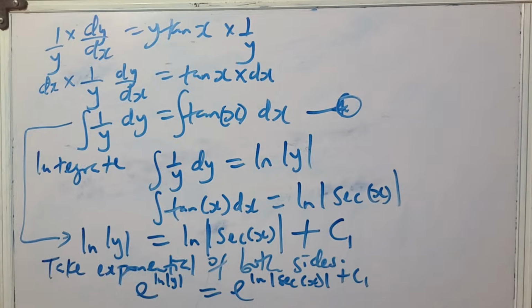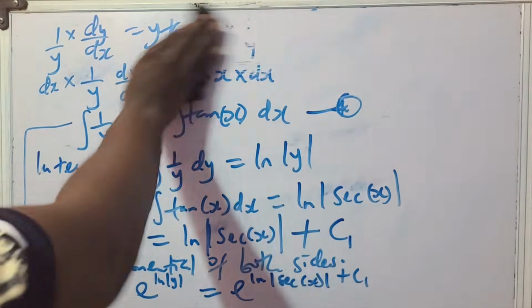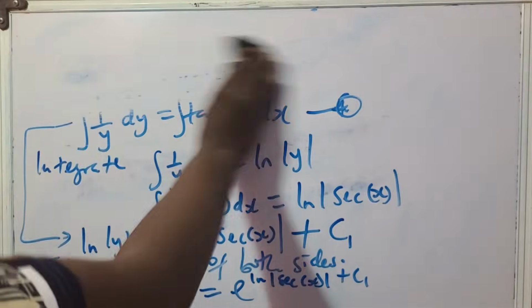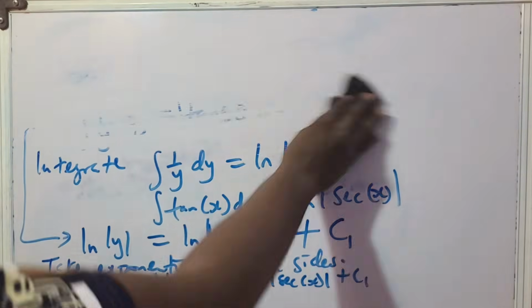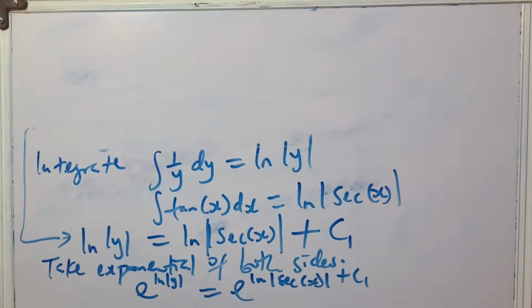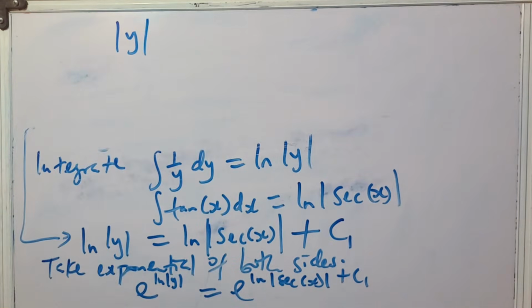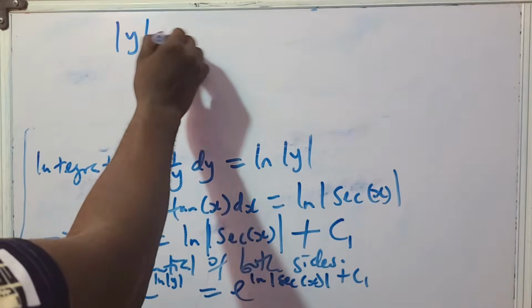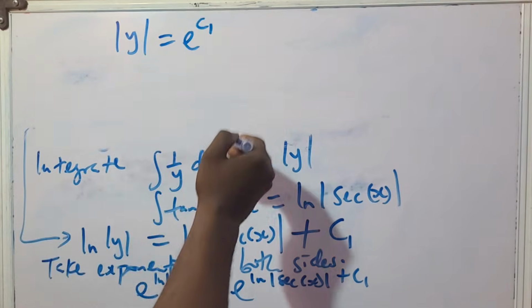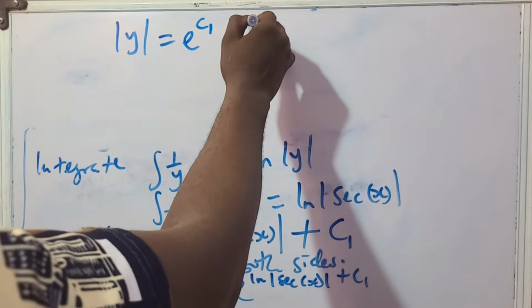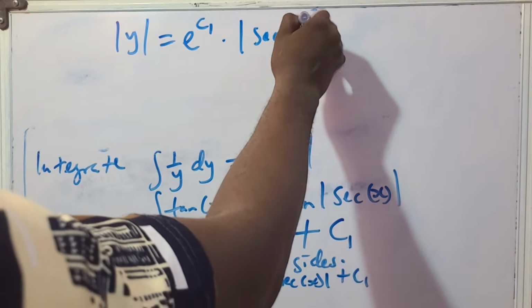So what this produces will obviously be y equals e raised to power c1 multiplied by sec x.